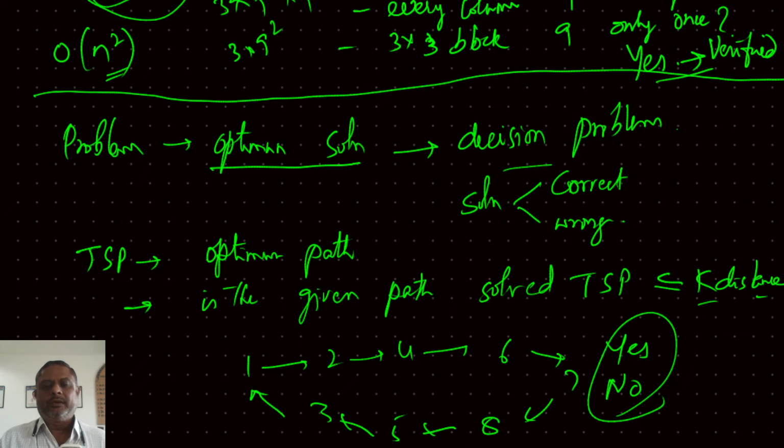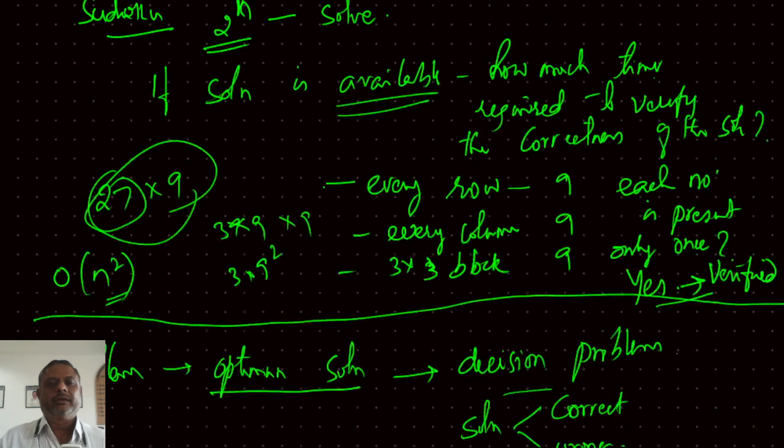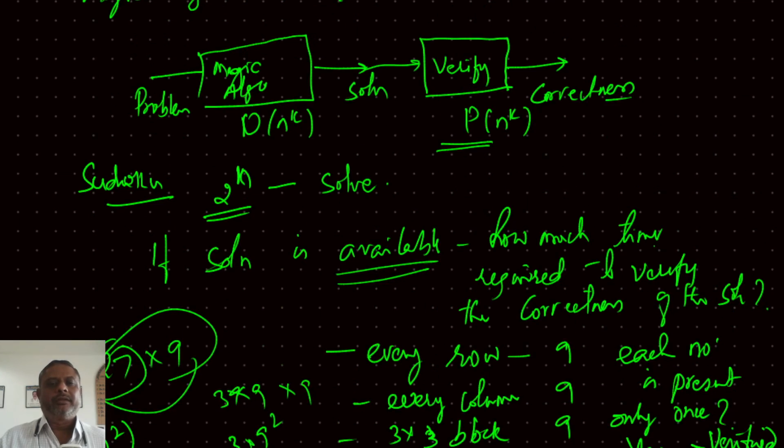If it is greater than k, the answer will be no. Somebody magically created the path and claimed that this path will work with less than so much distance.